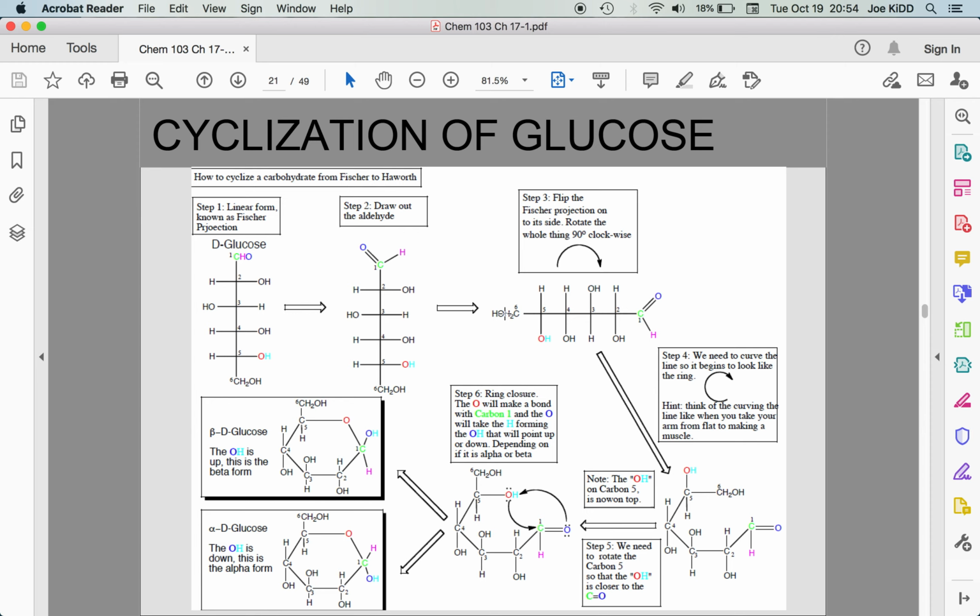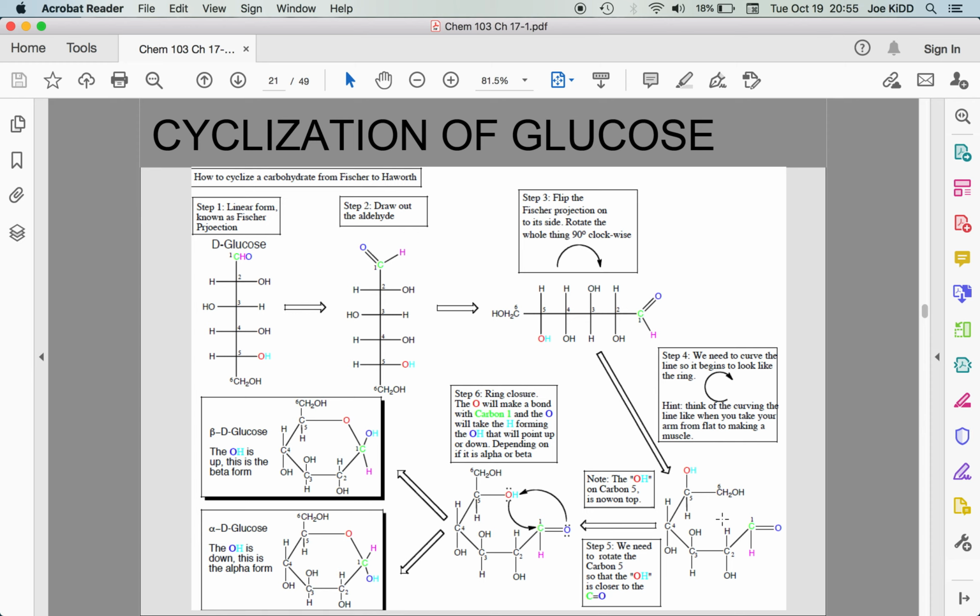structure from a Fischer projection would be to take your Fischer projection carbohydrate and flip it on its side. Once you've done that, you're going to curl the sideways Fischer projection so that you're starting to resemble that cyclic pattern. And then we have a rotation occur.